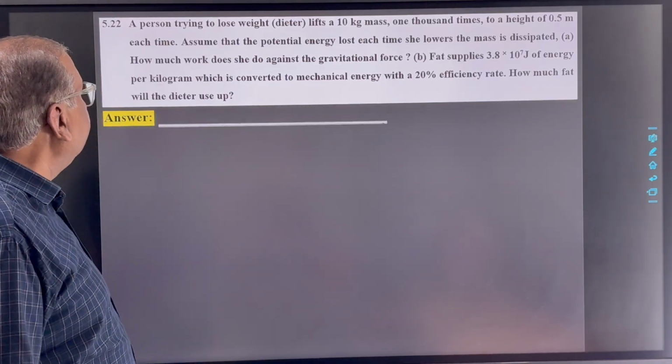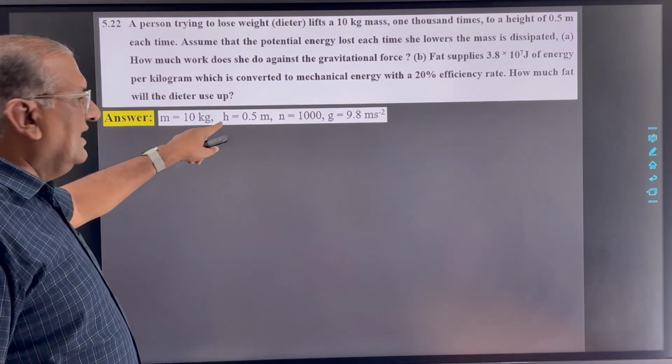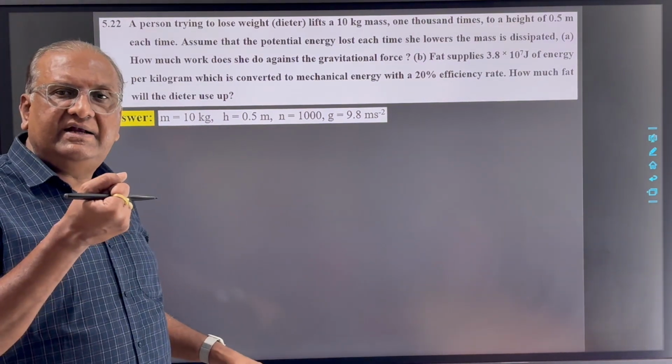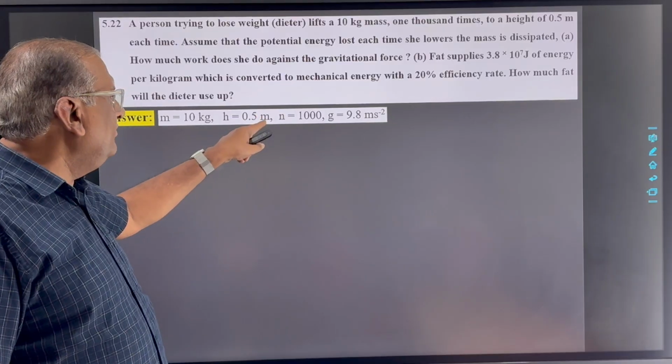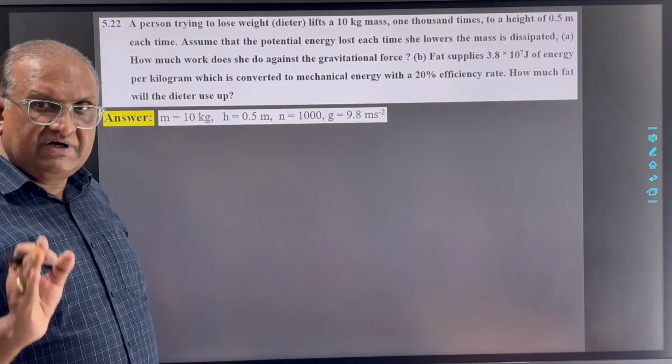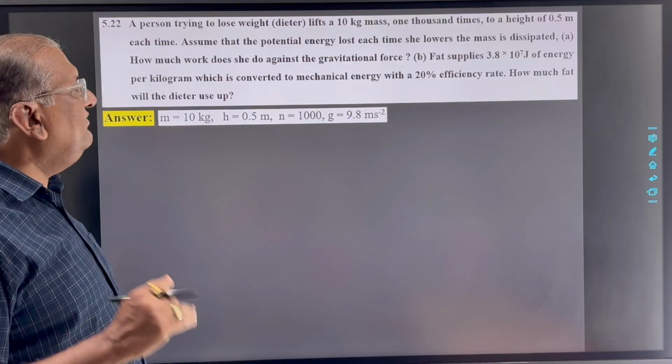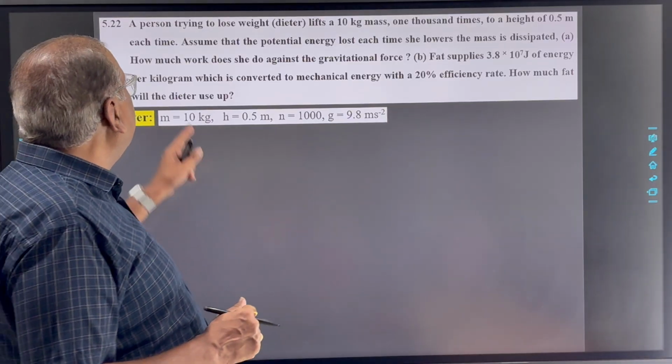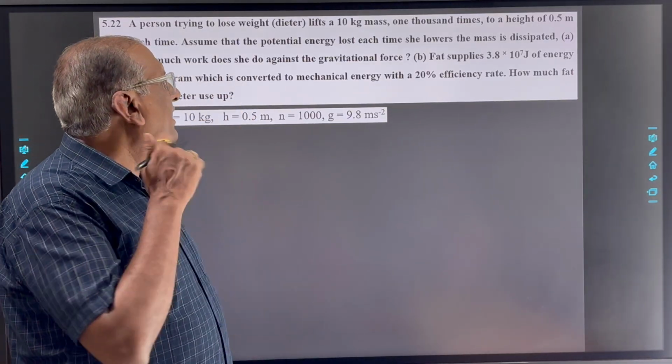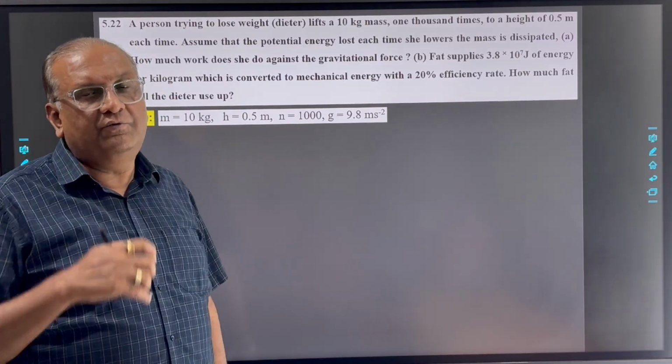So see here, a 10 kilogram mass is lifted up to height h equal to 0.5 meter 1000 times. First of all, we have to calculate the work done against the gravitational force.